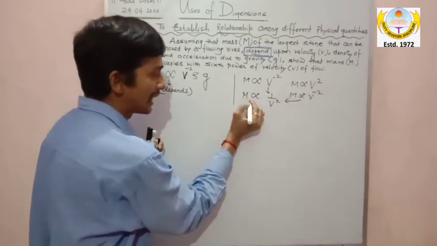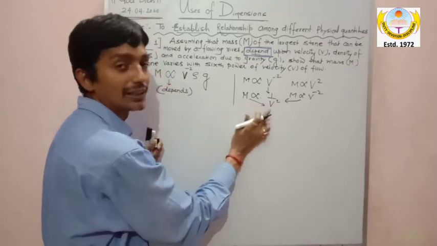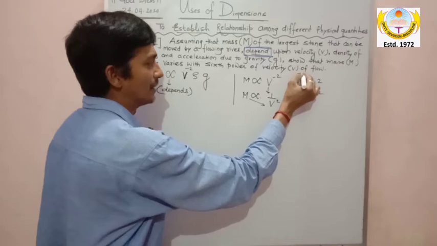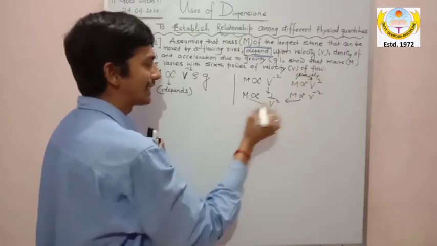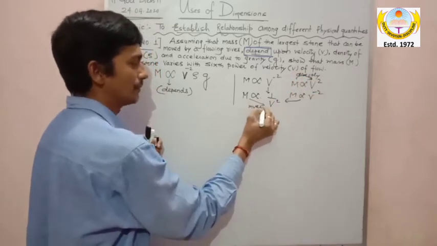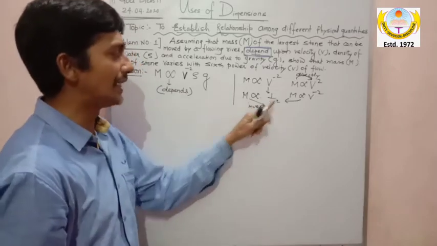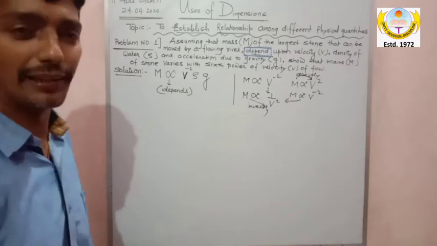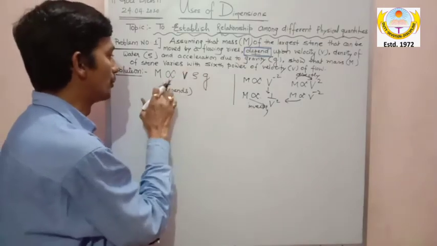So try to understand, if this language is written, we say inversely. And if this language is written, we say directly. So in class 11th, at least you know this much. This is inversely and this is directly. Why am I teaching this, beta? Because right now, sir, you don't know.